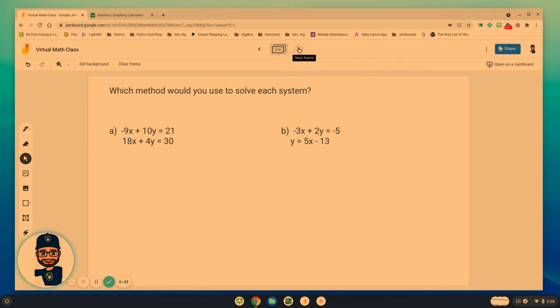All right, so as we review very quickly, which method would you use to solve letter A? What method? Well, I would choose elimination in this one.